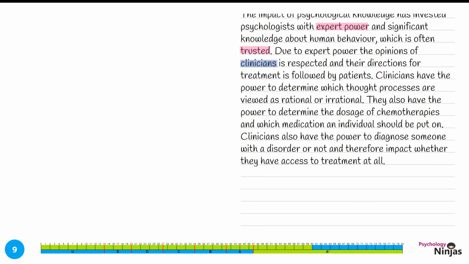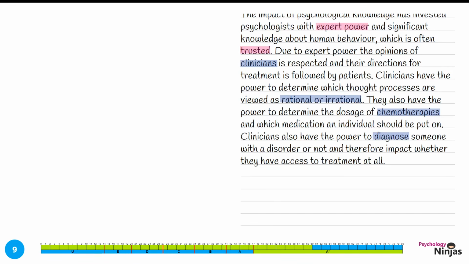Clinicians also have the power to diagnose someone with a disorder or not, and therefore impact whether they have access to treatment at all. We've used a wide range of examples here to show different aspects of clinical knowledge, talking about cognitive psychology, biological psychology, and diagnosis from clinical psychology.